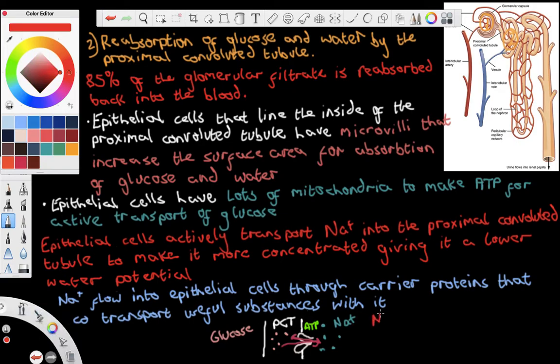So sodium ion concentration is high in the proximal convoluted tubule.